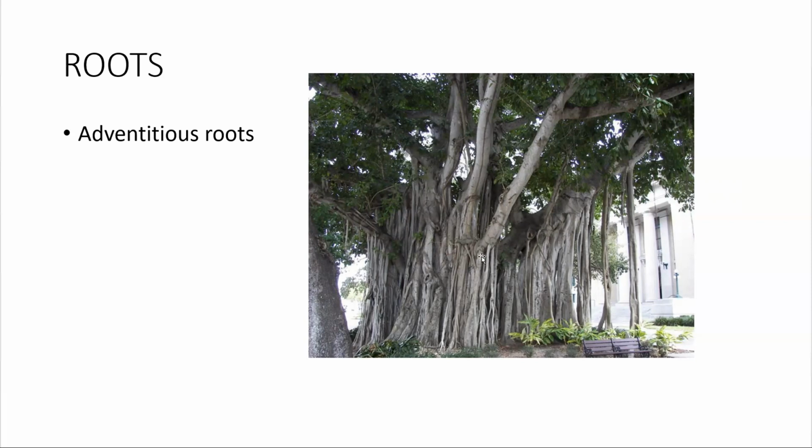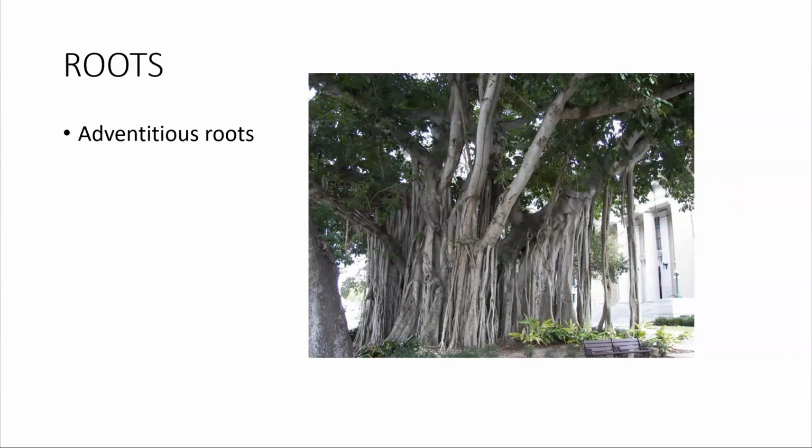Now, the reason that this plant does this is probably a better chance of genetic survival. So if something happens, it's rooted in a lot of different areas, as well as, given the overall structure of this plant, it could be for support as well.